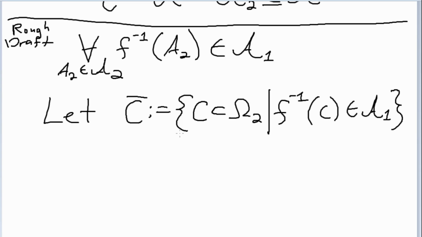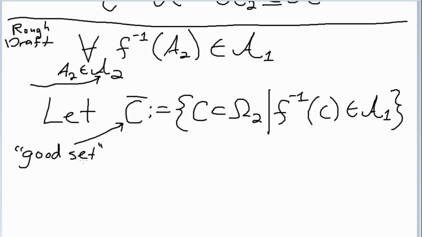All of the members of this set have the characteristic that we would like to be true for the elements of A2, right? All of their pre-images are in A1. You could call this collection, C bar, the collection of all the good sets, that is, those sets that have this characteristic that we want. And in fact, this method of proof itself that we're about to use is often referred to as the good set principle.